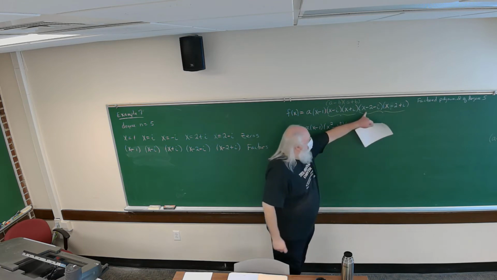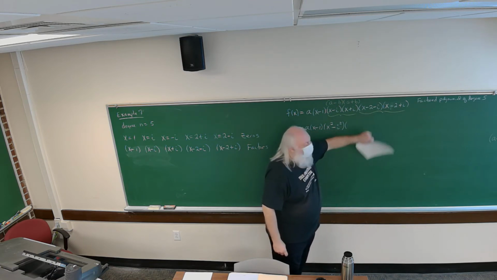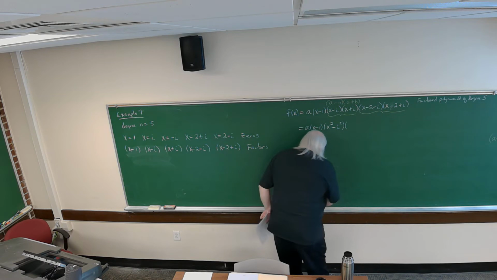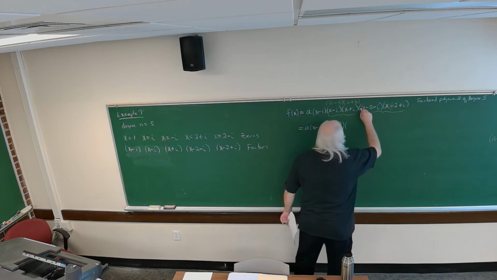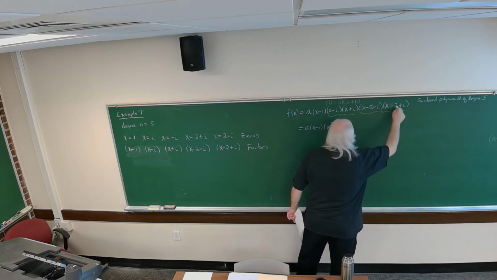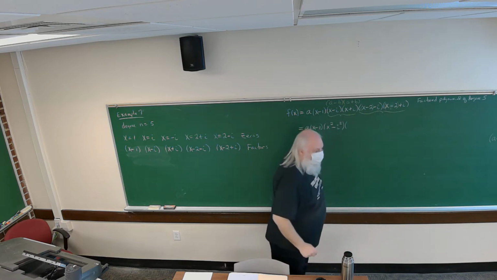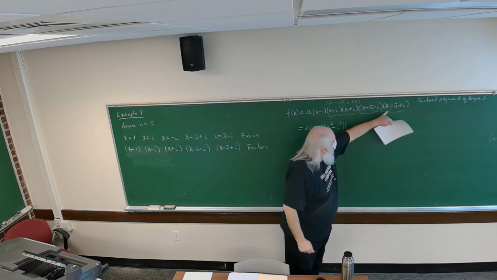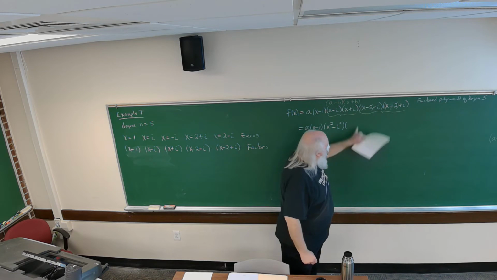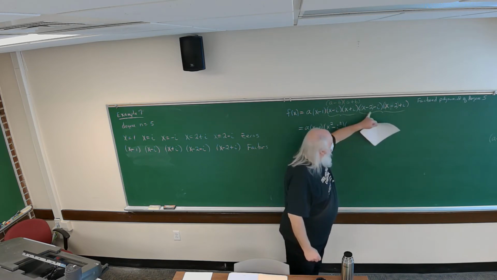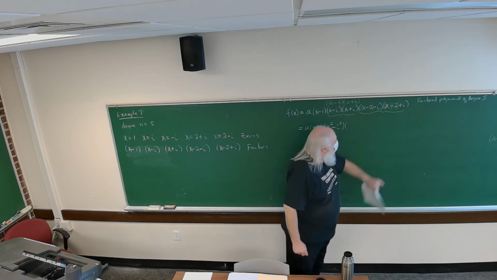And now in expanding this, I'm going to group the x minus 2's together, each of those factors, right? Just put parentheses around x minus 2. That doesn't change anything. It's still x minus 2 minus i and x minus 2 plus i.